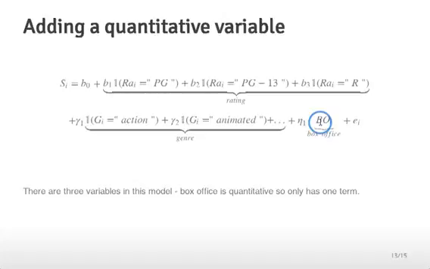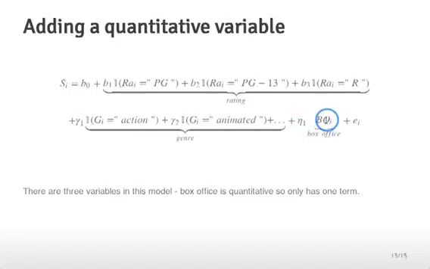And the important thing here is that when we include a factor variable like this, the difference between an action movie and an animated movie doesn't have to be the same because gamma 1 and gamma 2 might be different. When we include it as a quantitative variable, what this is saying is if I increase the box office amount by $1 million, I will increase the score by a fixed amount.